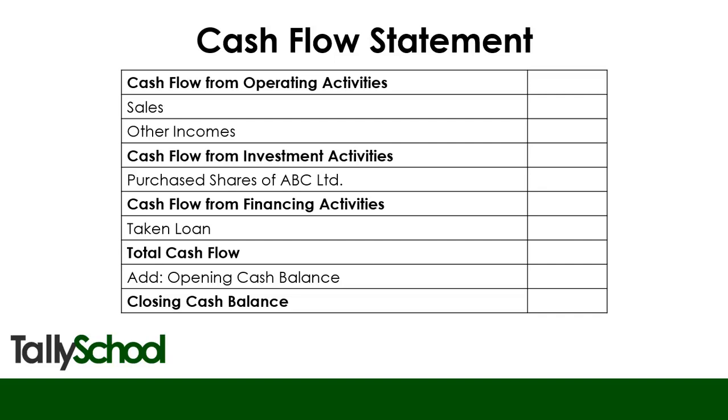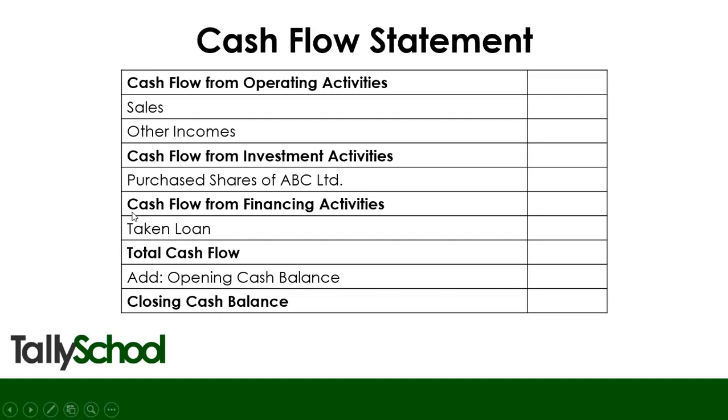On the other hand, if you sell the shares of ABC Limited after some time at a profit, that will come here too, but that will be a positive figure here and not a negative. Now this was investment activities cash flow. So whatever you invest in your business and whatever you get from those investments will all come here under this heading.